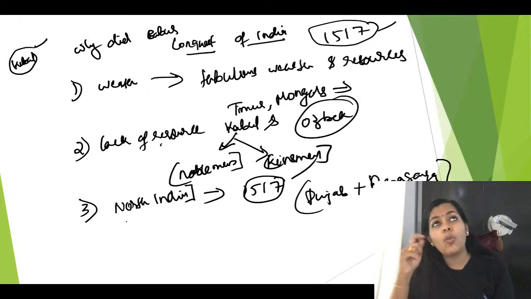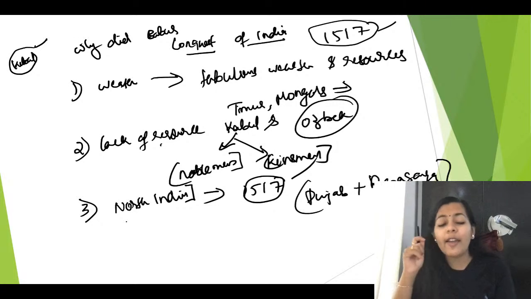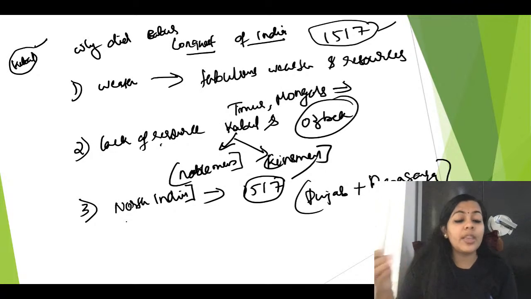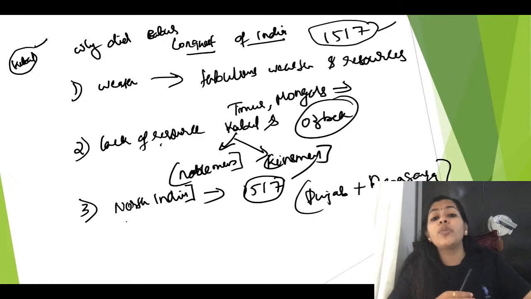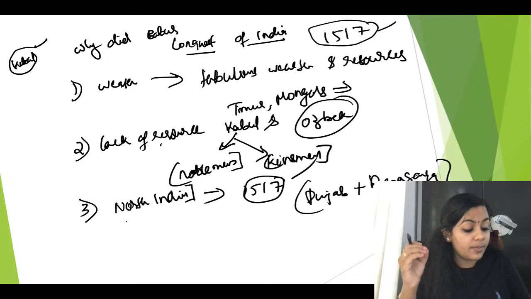He was thinking, I am like a refugee in another country, living there. Somehow I have to attack India. This was Babur's mindset. At that time, he got an invitation. Definitely he won't wait. He won't even have a single thought. He just reached the country and attacked.